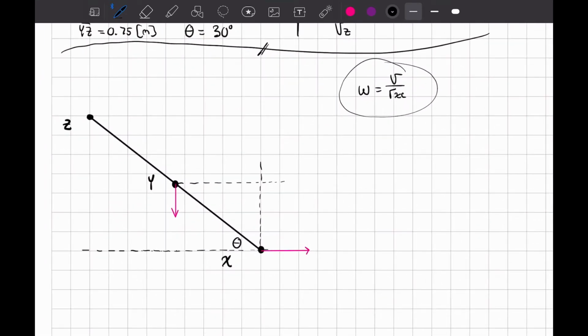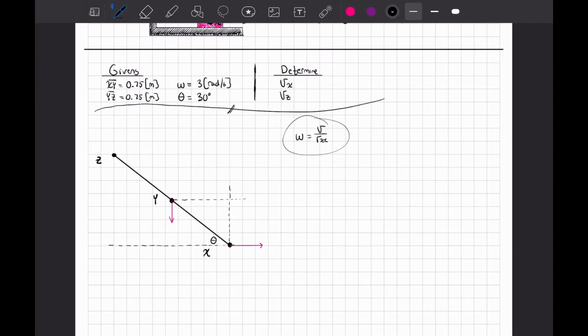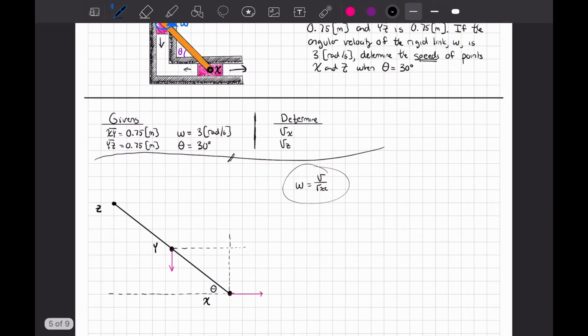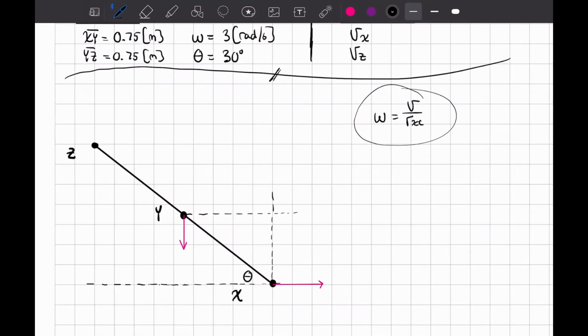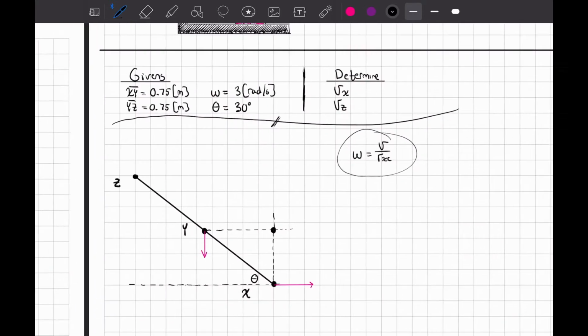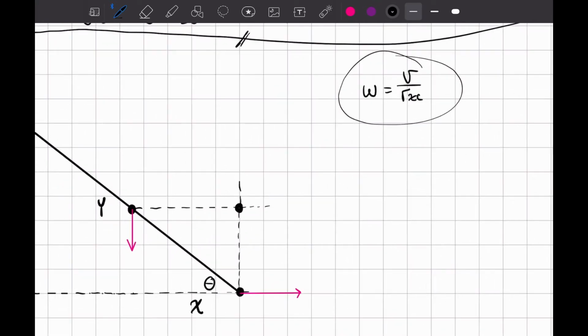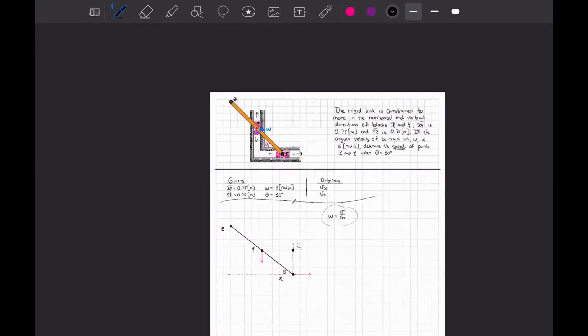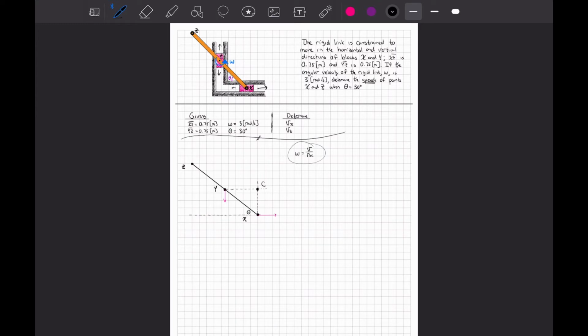And by using this tool for analysis, it allows us to analyze velocity in various plane motion problems. And so there's our instantaneous center of zero velocity in this problem. I'll just call it C. Okay, so there's our problem set up.